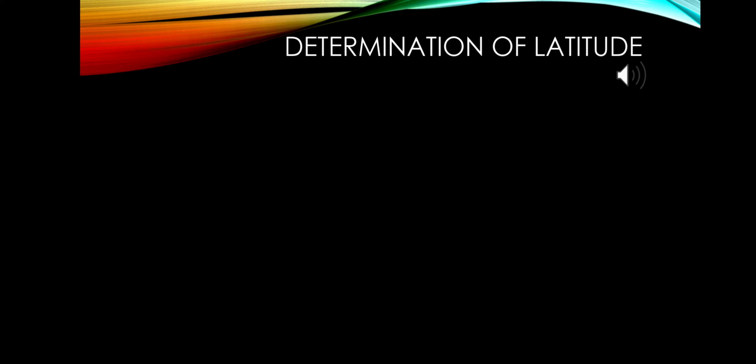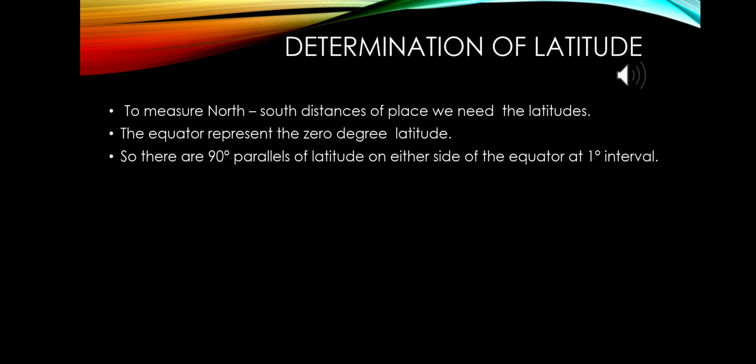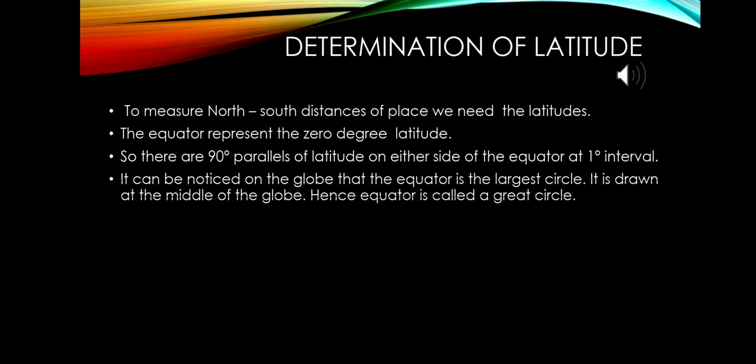Determination of latitude. To measure the north-south distance of a place, we need the latitudes. The equator represents the 0 degree latitude, so there are 90 parallels of latitude on either side of the equator at 1 degree interval. It can be noticed on the globe that the equator is the largest circle and it is drawn at the middle of the globe, so that's why it is also known as the Great Circle.